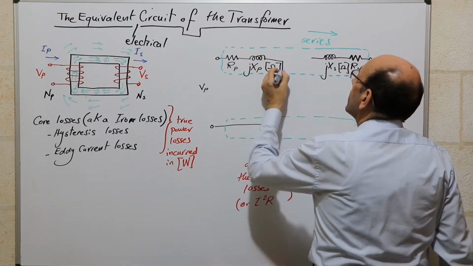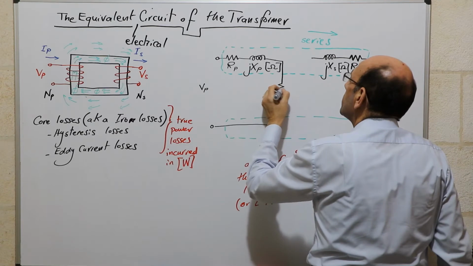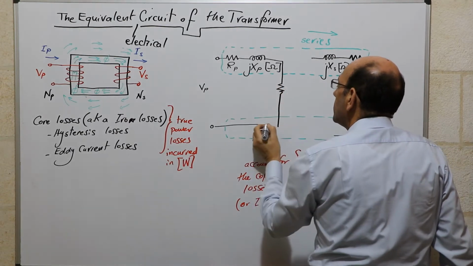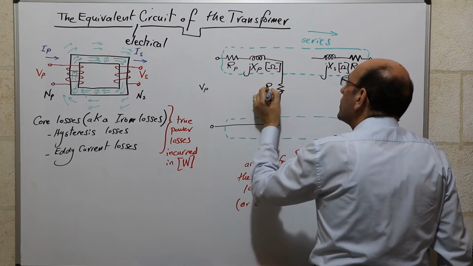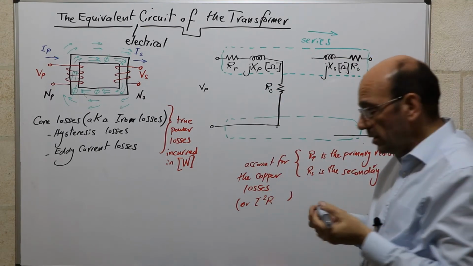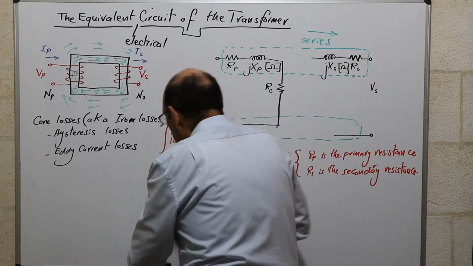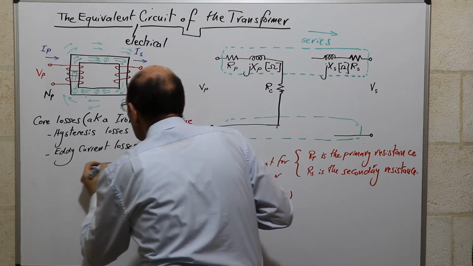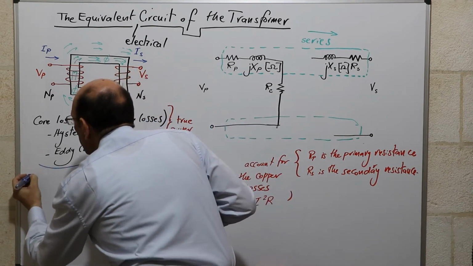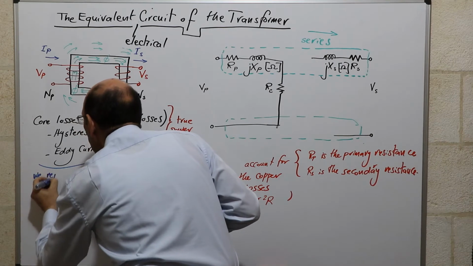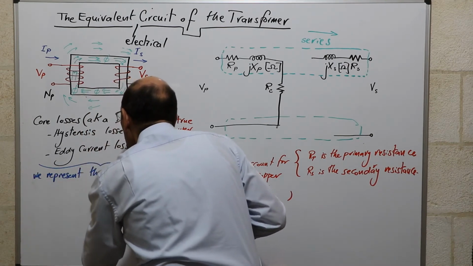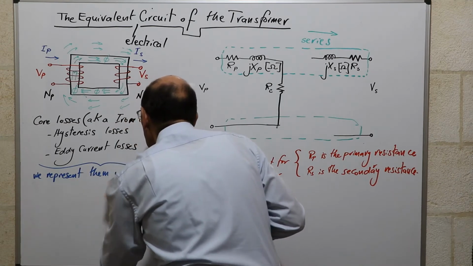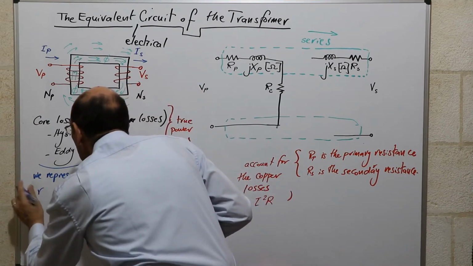So here we would actually add a resistor, and we would refer to this resistor as R sub C. So in order to represent these losses, we represent them using a shunt resistor.